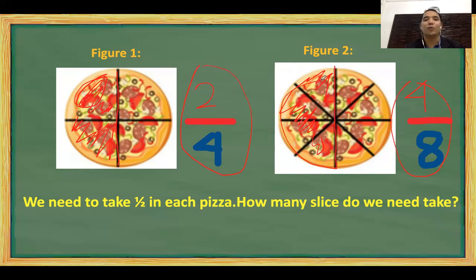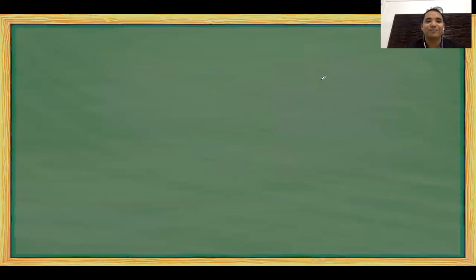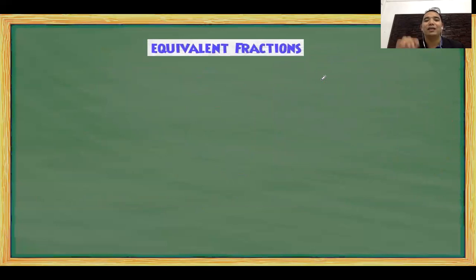Okay, so this is related to our topic for today. Do you have any idea what our topic for today is? Anybody? Okay, so our topic for today is about equivalent fractions.